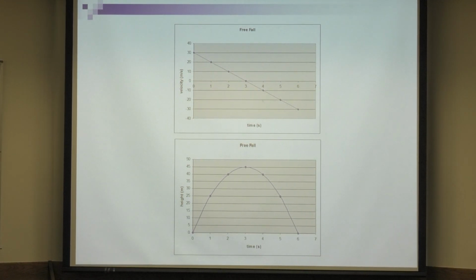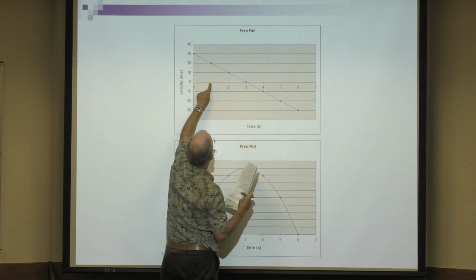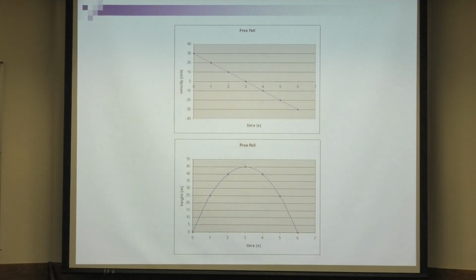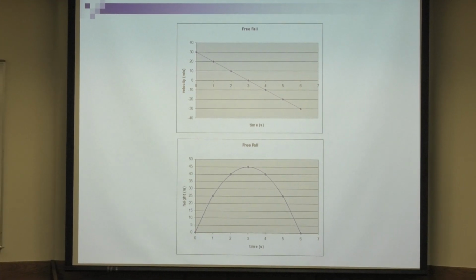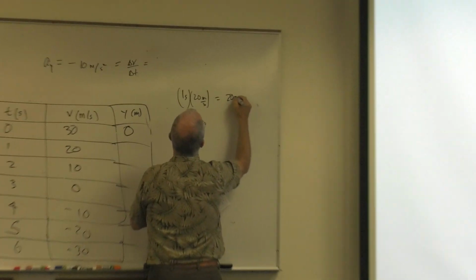The area of the rectangle is 1 second times 20 meters per second, which is 20 meters.